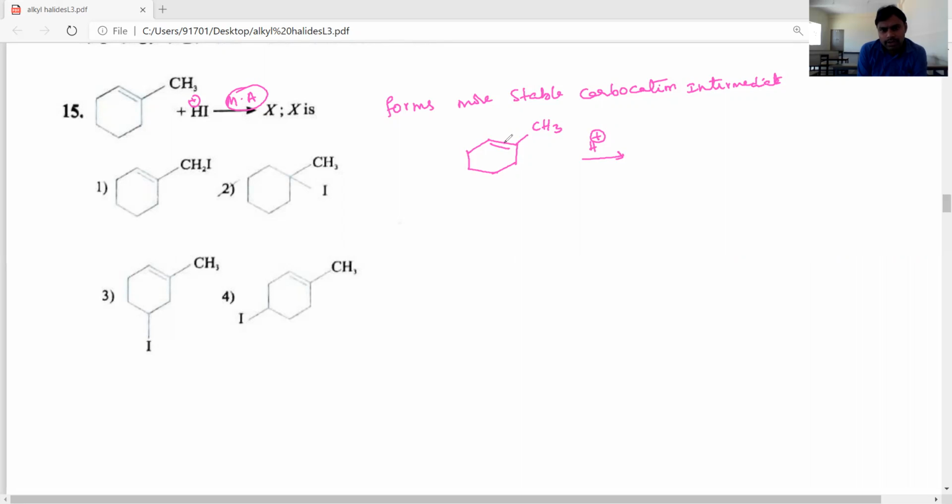Now this double bond is migrating towards here, negative charge, and here positive charge will come. This hydrogen will be added at the double-bonded carbon containing more hydrogens. Then the intermediate forms a stable tertiary carbocation.